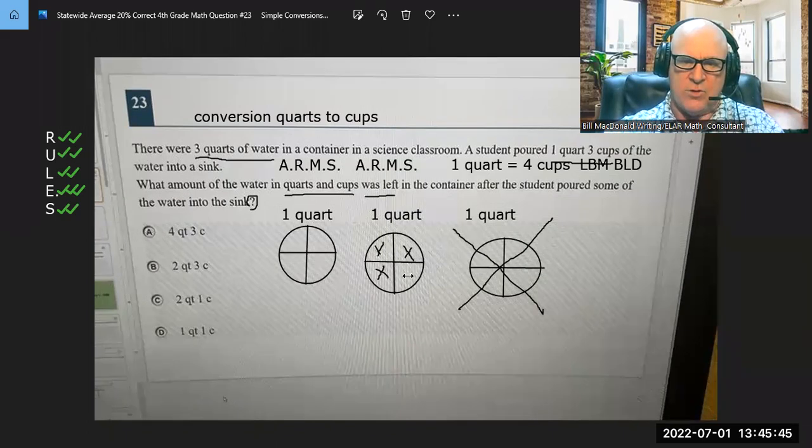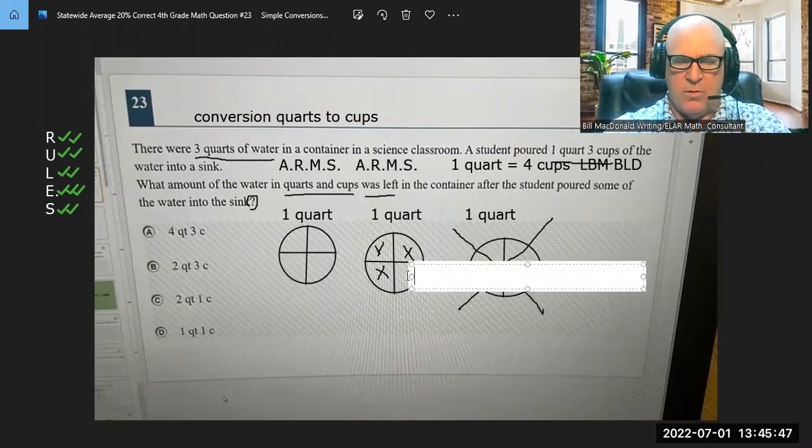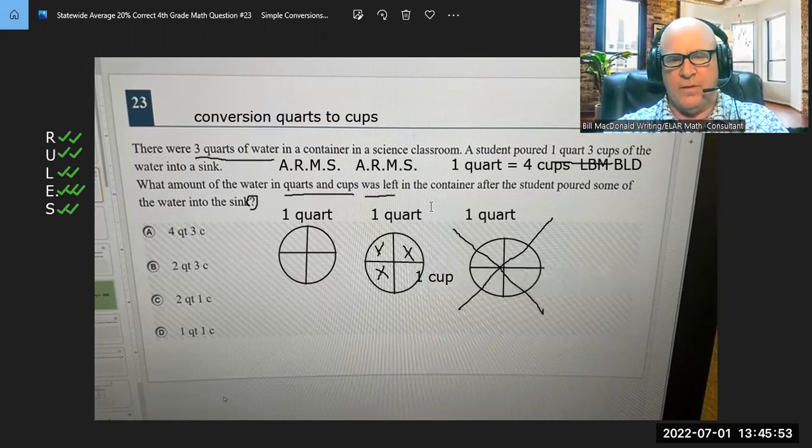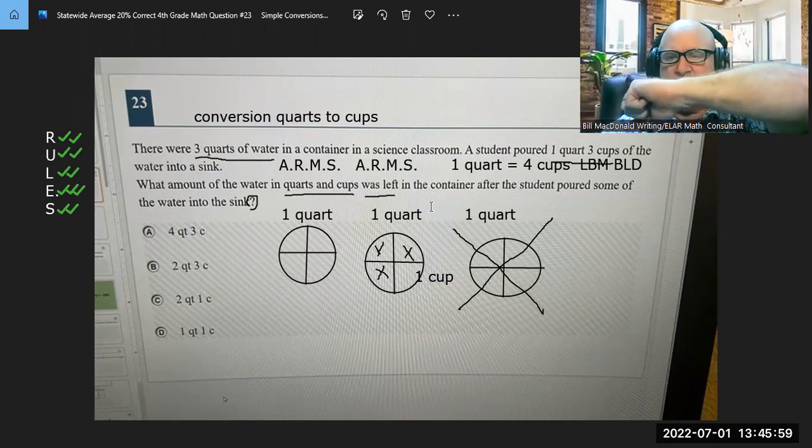So I'm going to make sure that I remember, all that's left is 1 cup from that quart. So how much left? You subtract. That's called difference. That's a minus sign.